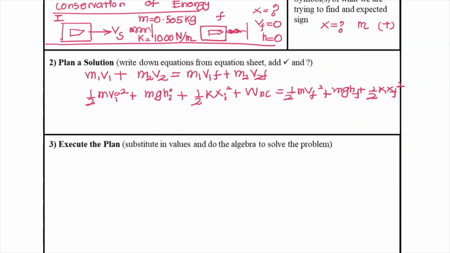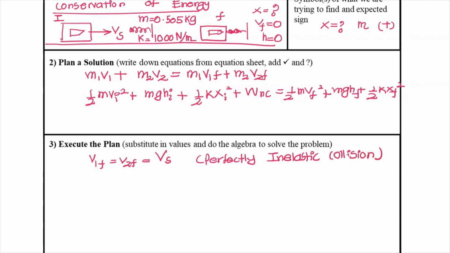Okay, so now let's execute the plan. Just keep in mind, this is a perfectly inelastic collision because the two objects collide and move as one system, so we expect to have a common speed. We use Vs to denote the speed of the system after the collision. Mass of the first object times its velocity plus mass of the second object times its velocity is equal to the combined mass of the system times its velocity.